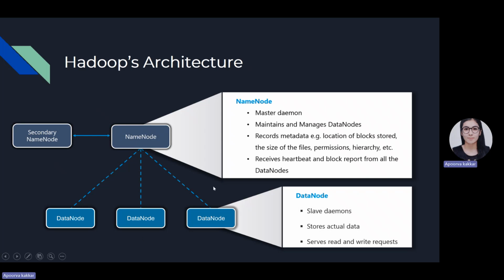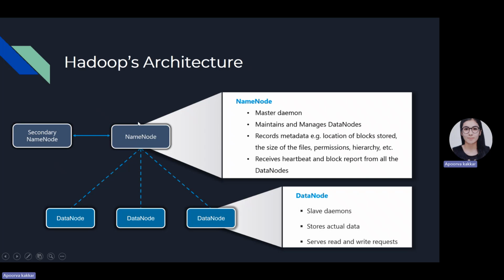The data nodes are basically the slave nodes, which actually store the data, where all the read and write operations take place. Let us suppose I am a client, and I have to do some read and write operation in the data node. Me being a client, I will interact with the name node, and the name node will provide the address of the data node where the read or write operation is to take place.